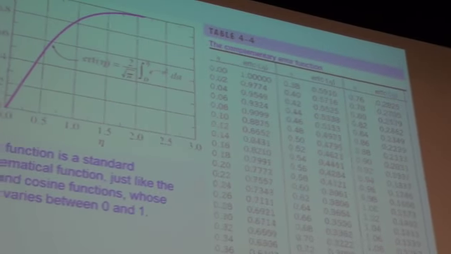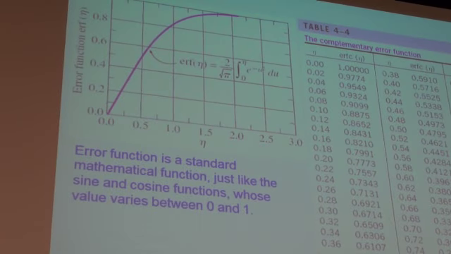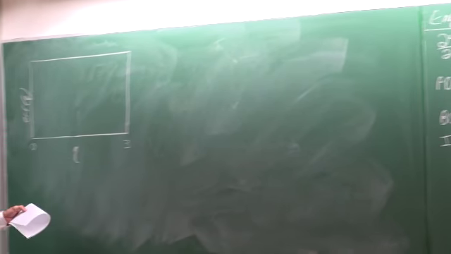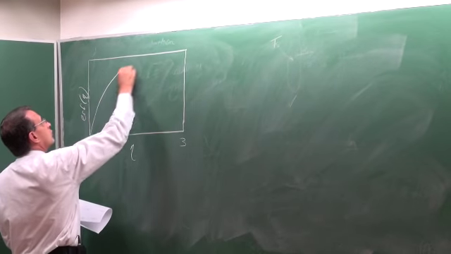So the error function as a function of eta, typically from 0 to 3, looks like that.